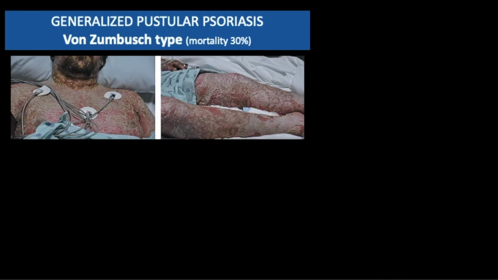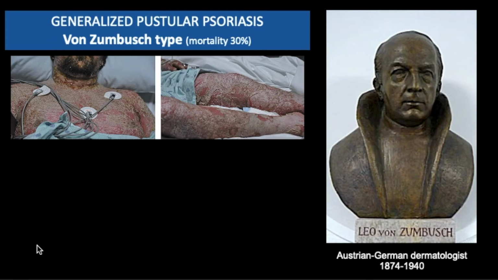Another special form of pustular psoriasis is generalized pustular psoriasis, the von Zumbusch type, named after an Austrian-German dermatologist. The importance of this disease is the high mortality rate. The recognition is the clinical picture, as we see the entire body is affected by pustular psoriasis in, for example, an ICU patient.